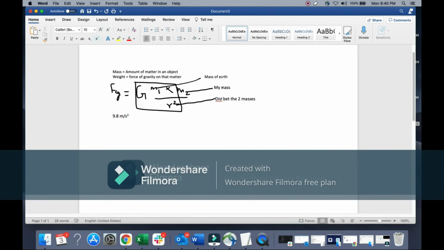So the force of gravity of Earth on me will be this number, 9.8 meter per second square, times my mass. So my weight on the surface of Earth is 9.8 meter per second square times my mass, which is, let's say, 60 kgs. And this comes to 588 kilograms meter per second square.